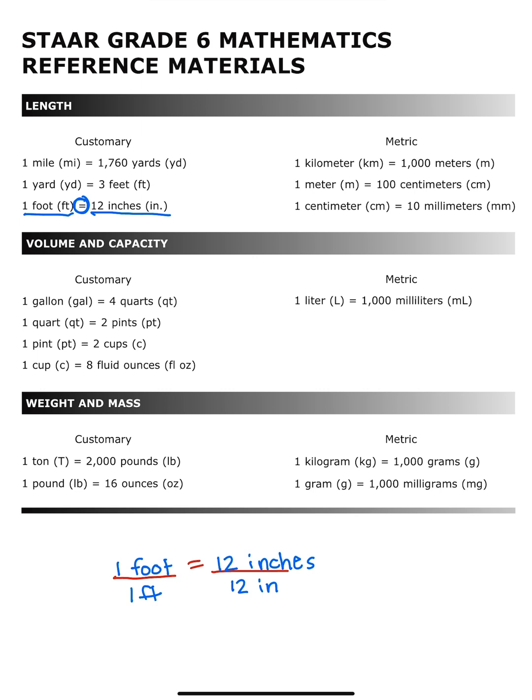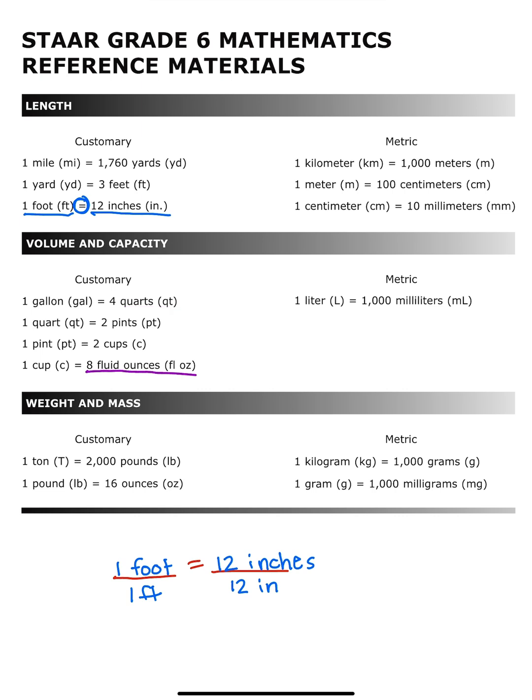But let's say that I want to know how many ounces are in a quart. Ounces, or fluid ounces, is here, and then I need to go to quart. If I look, the other side of that equal sign has a cup, so we can't use that. Quart is all the way up here, but again, I can't use that one either because it's not on the other side of the equal sign.